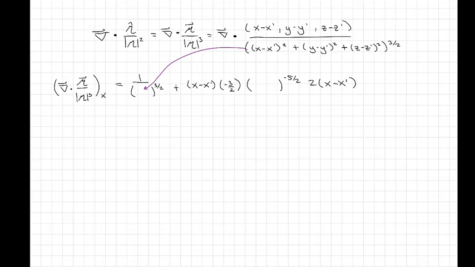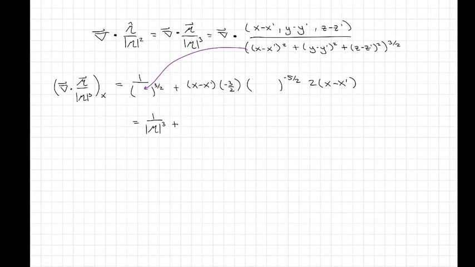So I can simplify that a little bit. In particular, I can simplify this part here, and I can rewrite this as being 1 over, again, the magnitude of my separation vector to the third. That's what this term looks like. But now I've got this other term.